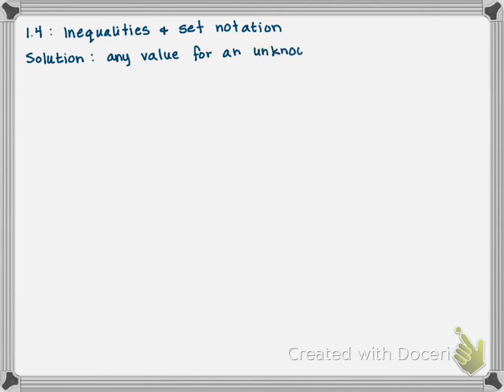In this case, when we solve equations and inequalities, our unknown is represented by a variable, right? A solution is any value that makes the statement true.